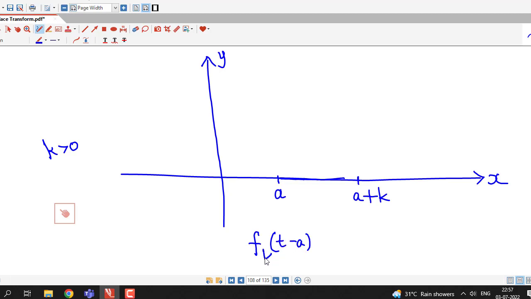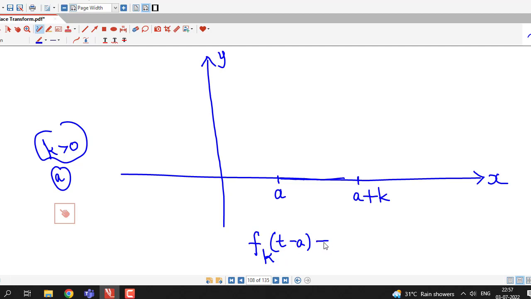We are going to define one function, and we use this notation for that function, because the definition of this function depends on two numbers, number a as well as number k. So this is the reason why I am using this notation, f of t minus a suffix k.